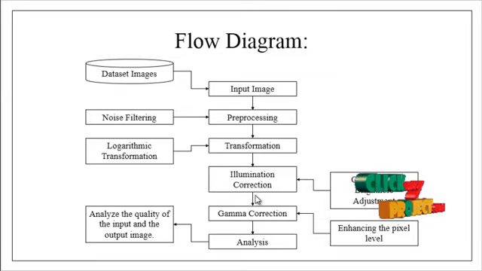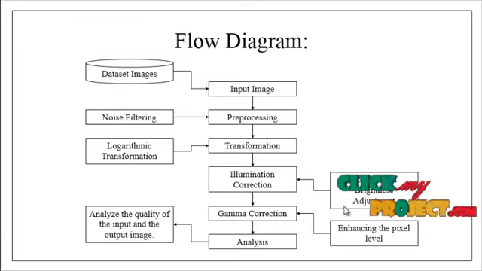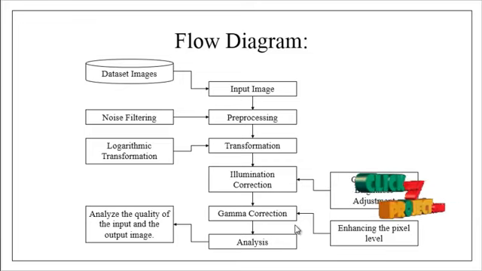So we have to enhance the illumination by means of the contrast and the brightness. After adjusting this, we move on to the gamma correction method. In this gamma correction method, the pixels will be enhanced based on the pixel intensity of low resolution as well as the pixel intensity of high resolution. By using this, we can get the result in an enhanced form.